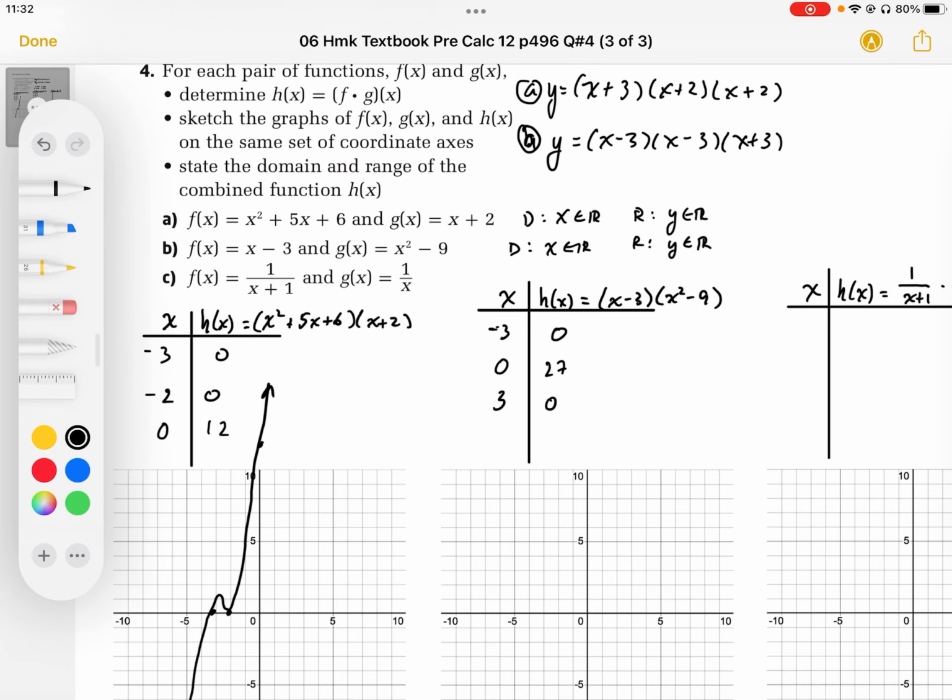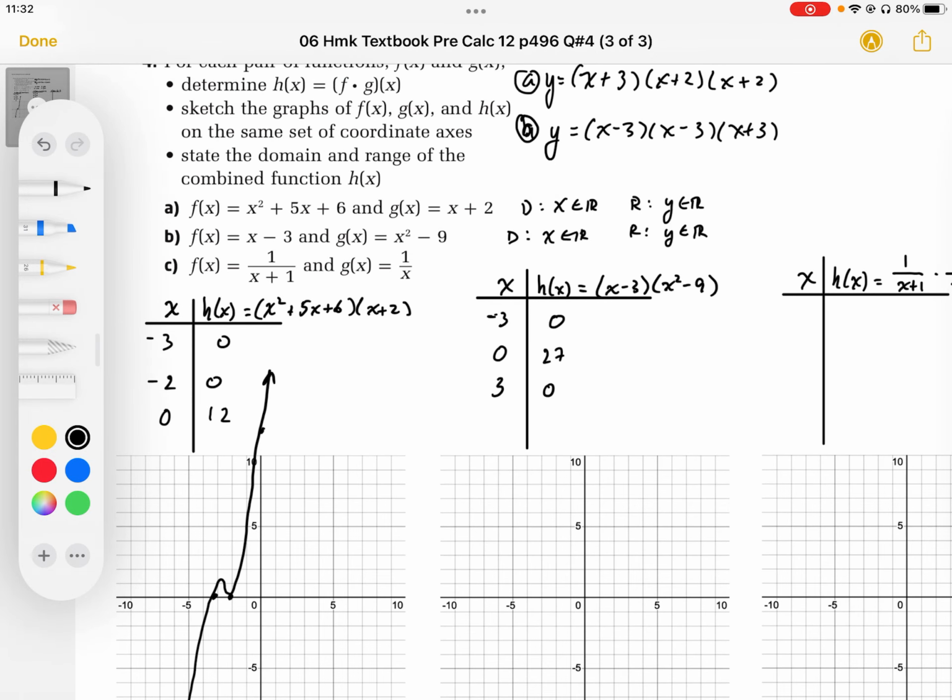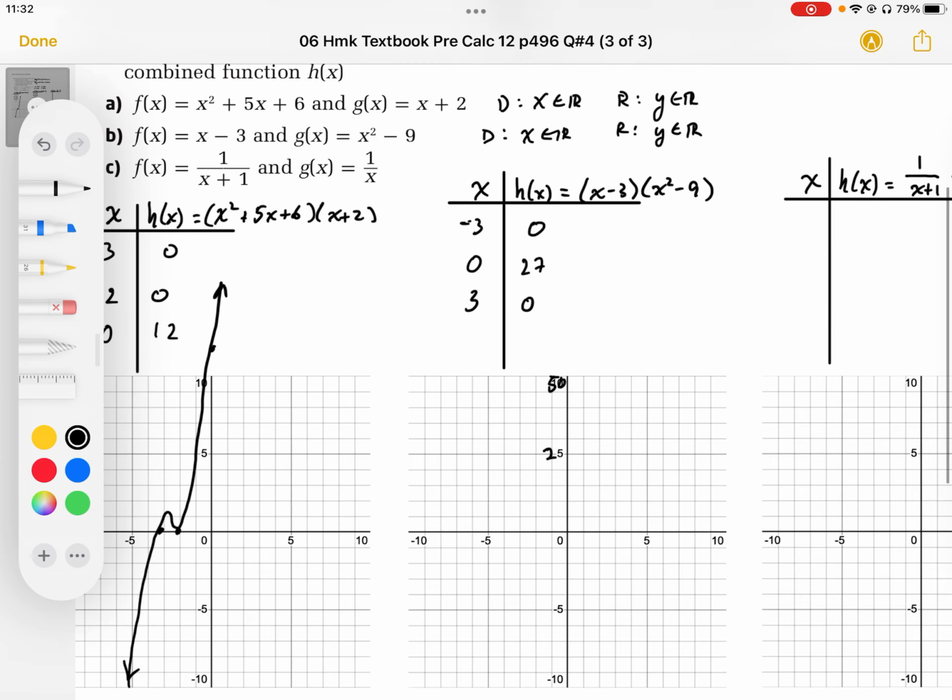It's going to go way off my graph, so let's scale this to 25 and 50, and -25 and -50 here. And my zeros are going to be at -3 and +3.